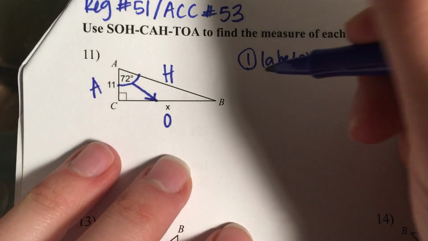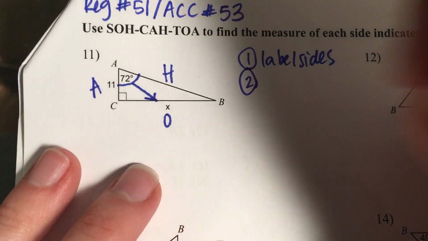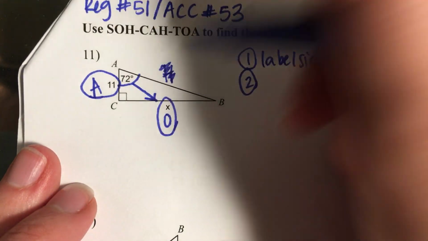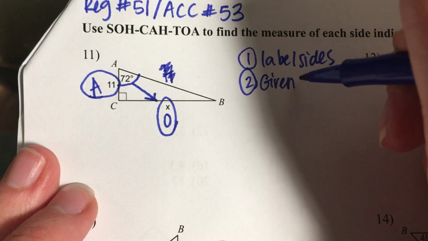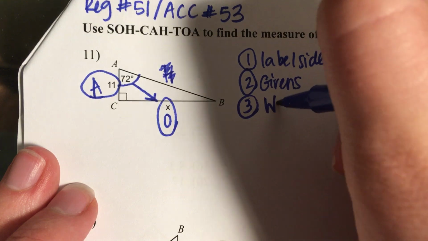And then the second thing, you remember this step was to find your givens and your unknowns. So I'm going to circle the things that I have. I'm not going to care about my H in this instance. So givens.